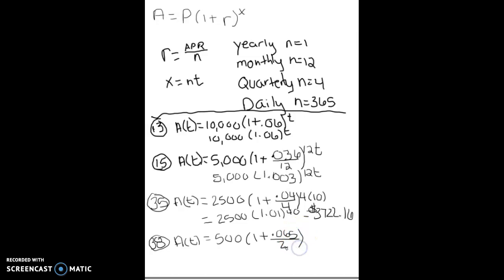So you've got to divide that up into 2 times a year and then use that 2 in the exponent again, 2 times a year, and again for 10 years. So when you calculate all that out, you've got your 500. This turns into 1.0325 raised to the 20th power. And all of that equals $947.92.